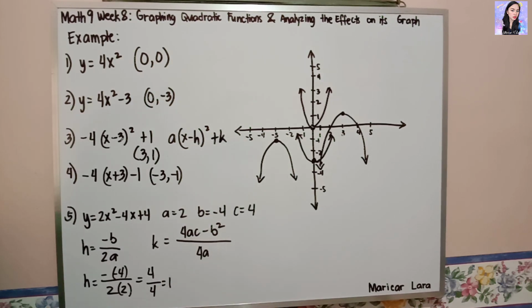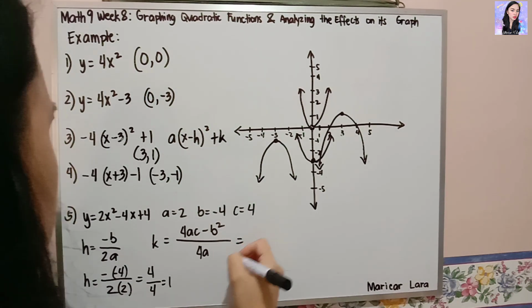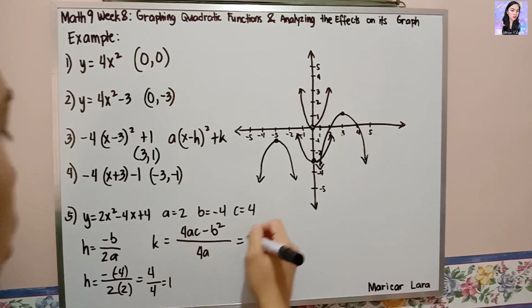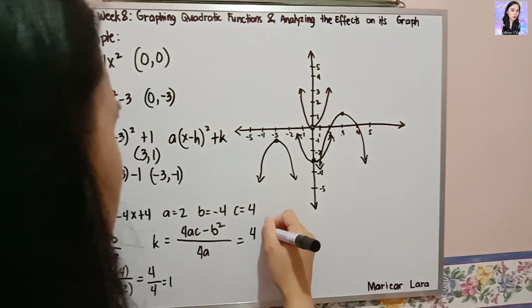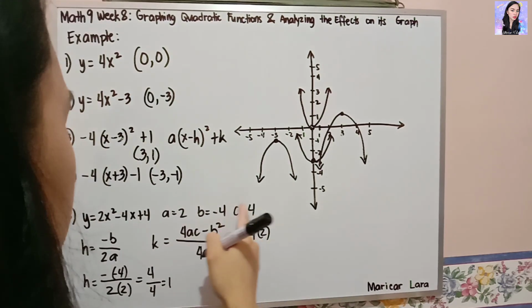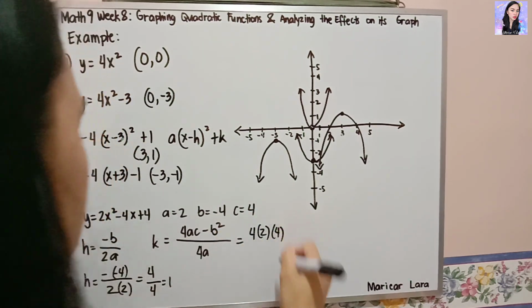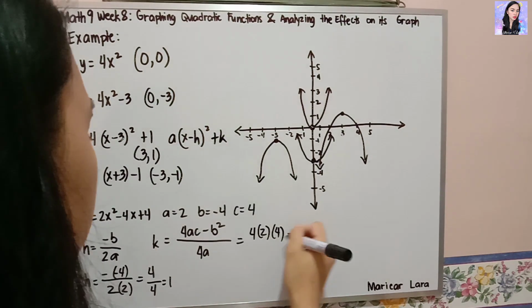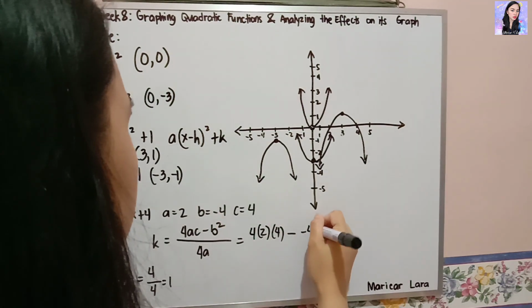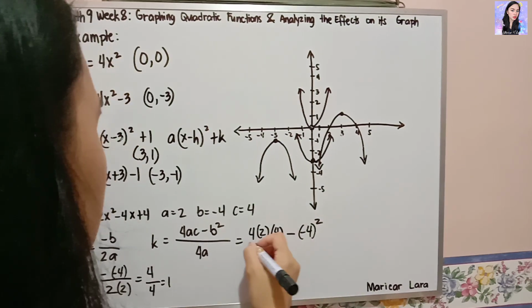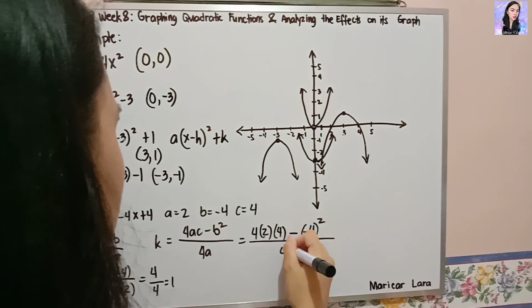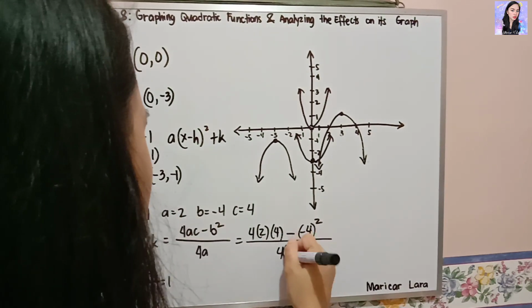Then, next, dito tayo sa k. So, a will become 2. c will become 4. And then minus b squared, minus negative 4 squared over 4 times a, which is 2.